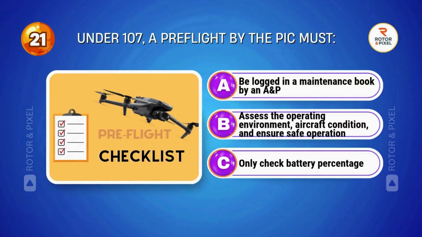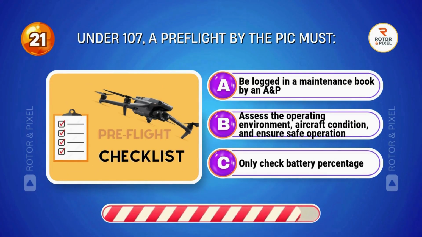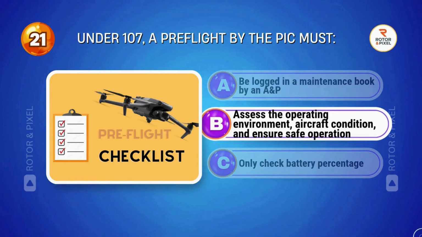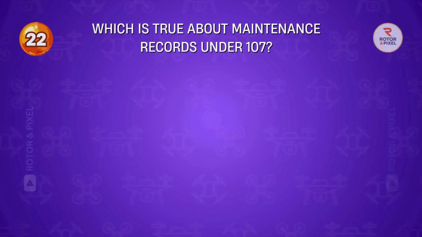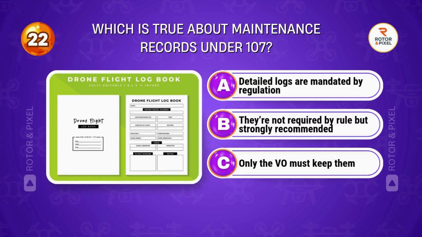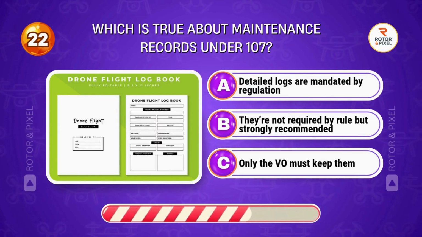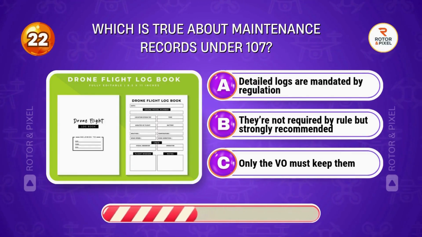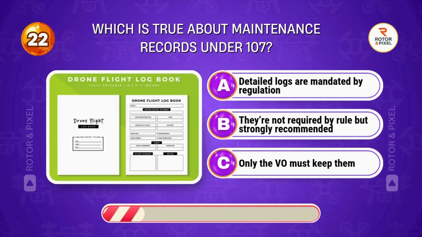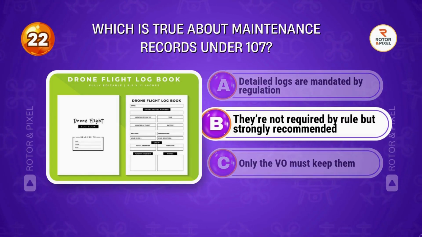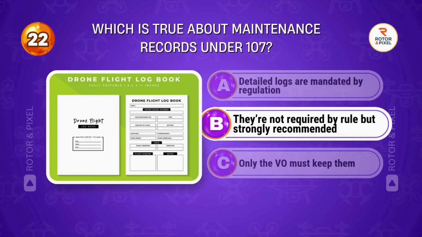Under 107, a pre-flight by the PIC must... Answer B, assess the operating environment, aircraft condition, and ensure safe operation. Which is true about maintenance records under 107? Answer B, they're not required by rule but strongly recommended.